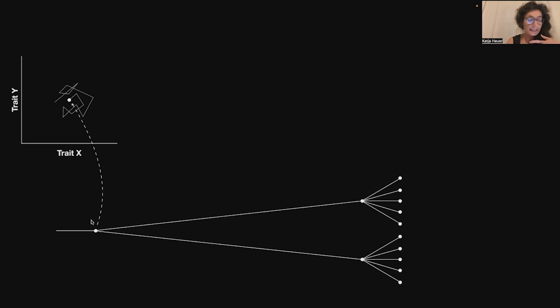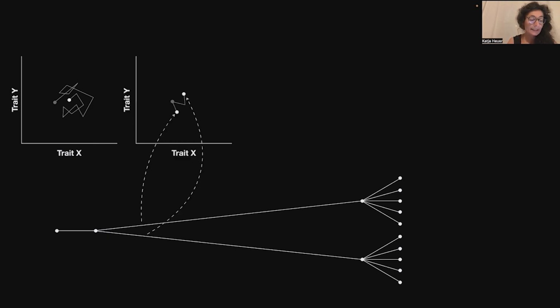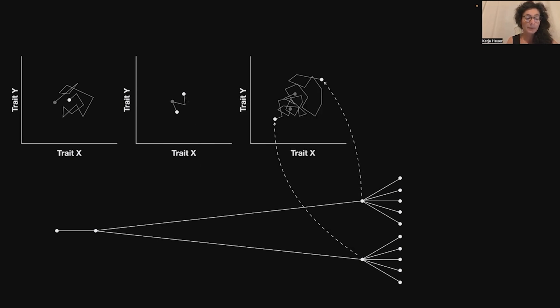And then there's the split, and it keeps on varying independently in both lineages. And so shortly after the split, it's still quite similar. But then after more and more time has elapsed, the traits can become very different between both species. So one is down in the morphospace here and one is up here.